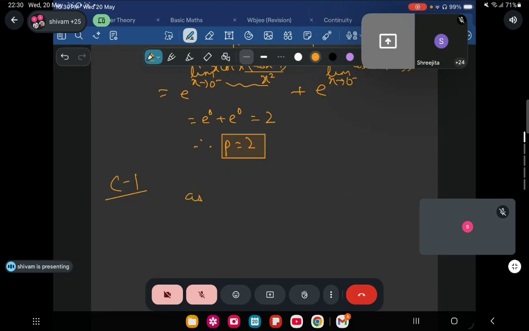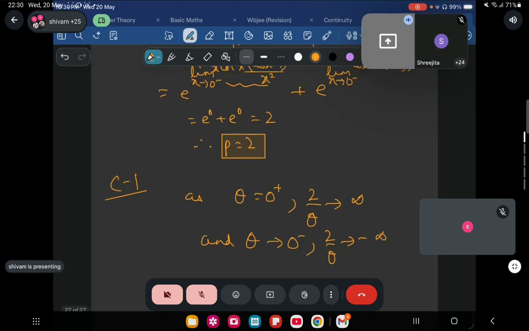As theta is greater than 0, theta is equal to 0 plus. Where does 2 by theta tend to? 2 by theta tends to plus infinity. And as theta tends to 0 minus, 2 by theta tends to minus infinity.